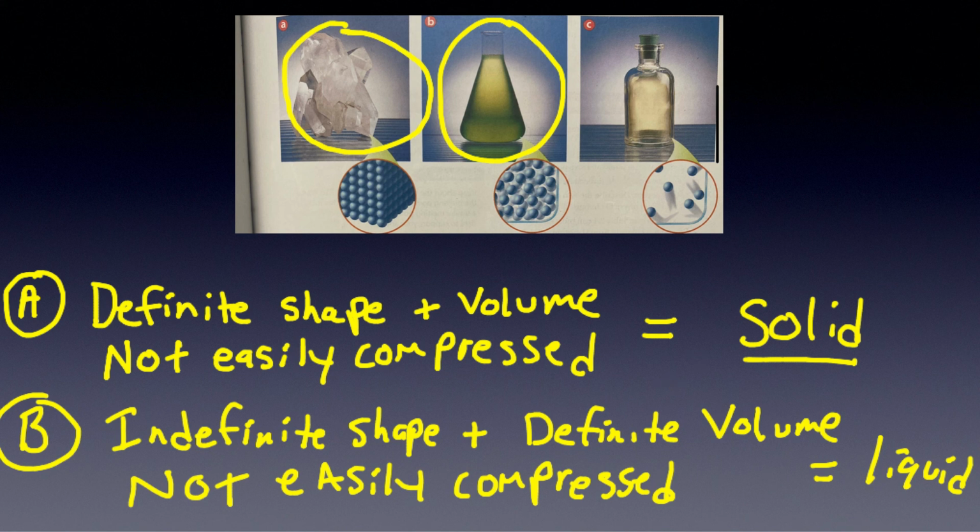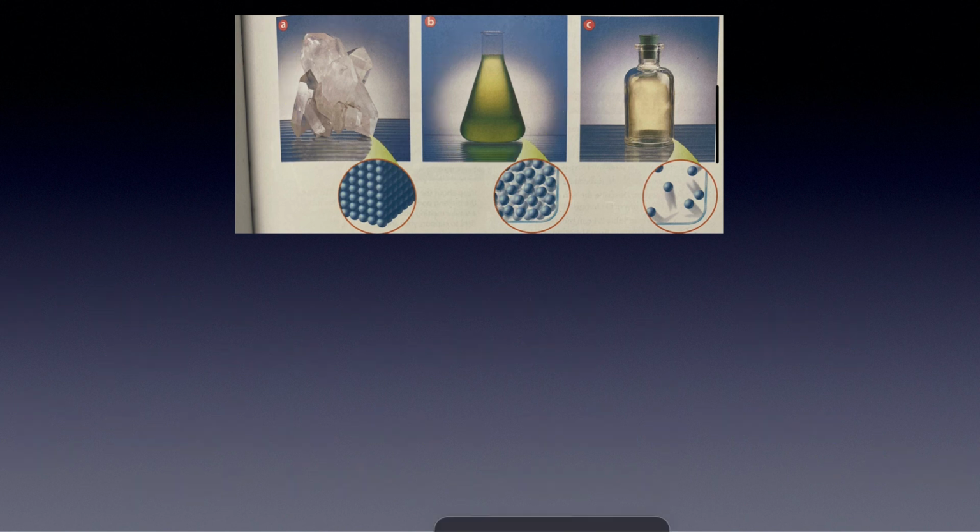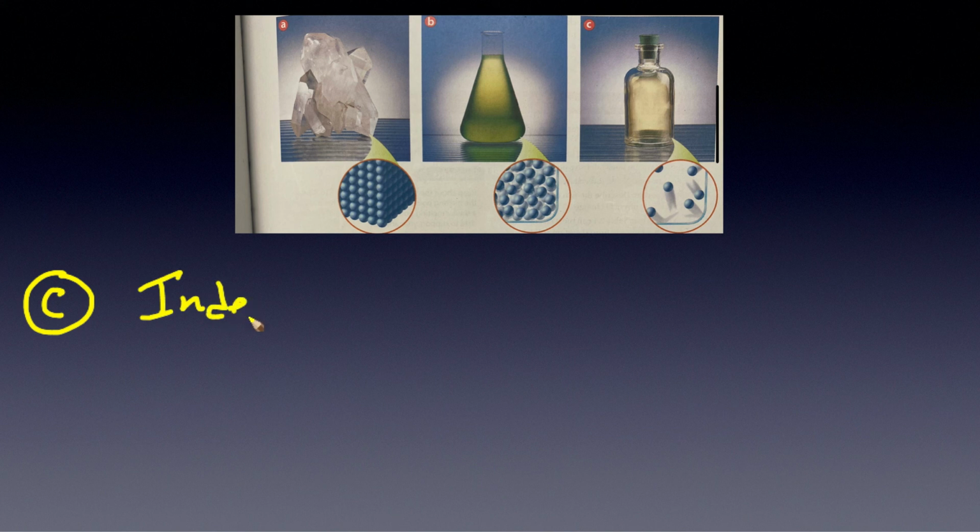Let's talk about C. And we see these particles are spread out all over the place. They're at random. So, part C has an indefinite shape and an indefinite volume.